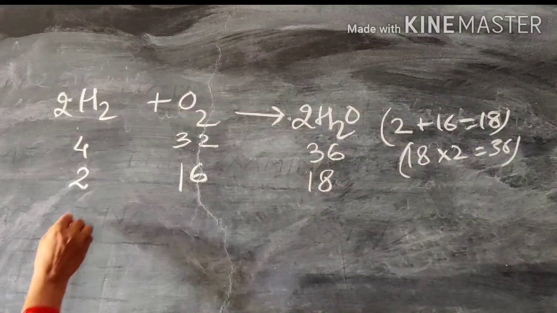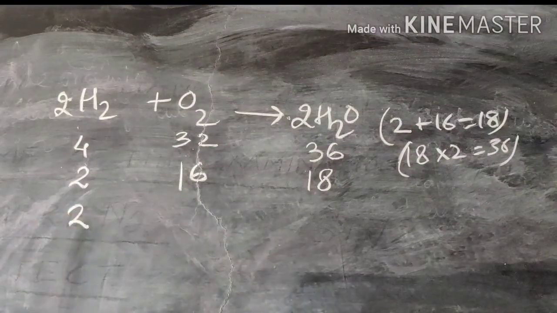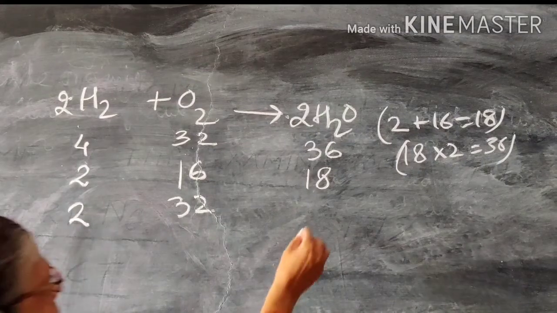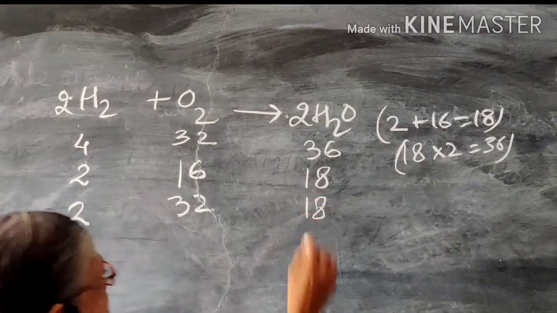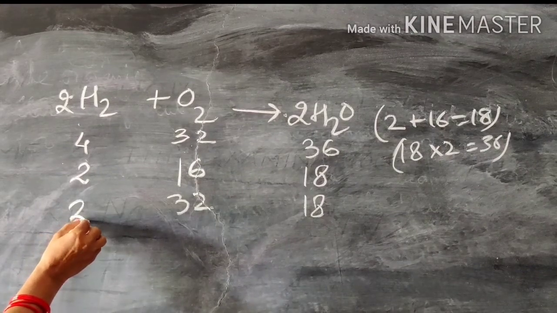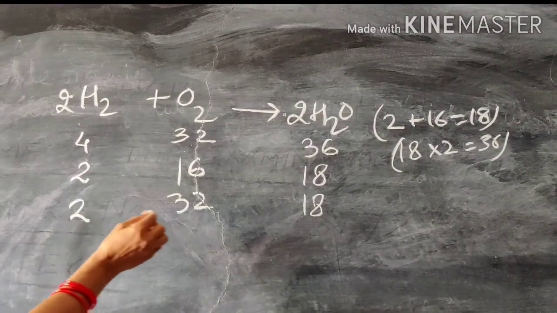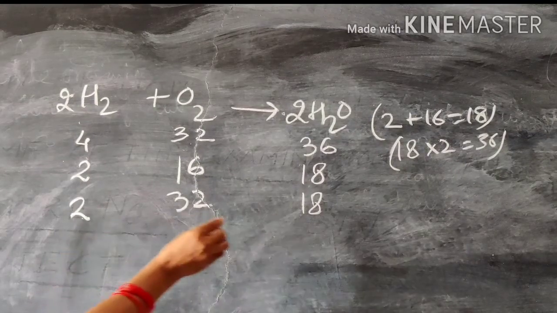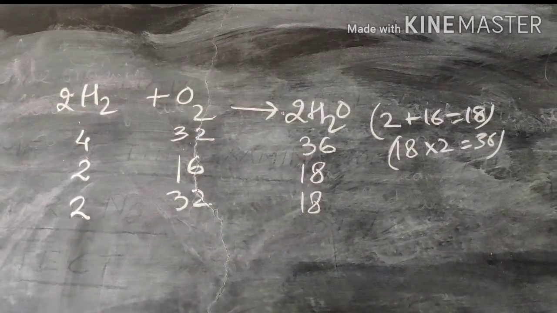Suppose we are taking 2 gram of hydrogen and 32 gram of oxygen, the amount of water formed will be equal to 18 gram. Because we are taking only 2 gram of hydrogen, so for 2 gram hydrogen we need only 16 gram of oxygen. That's why the amount of water will be only 18.